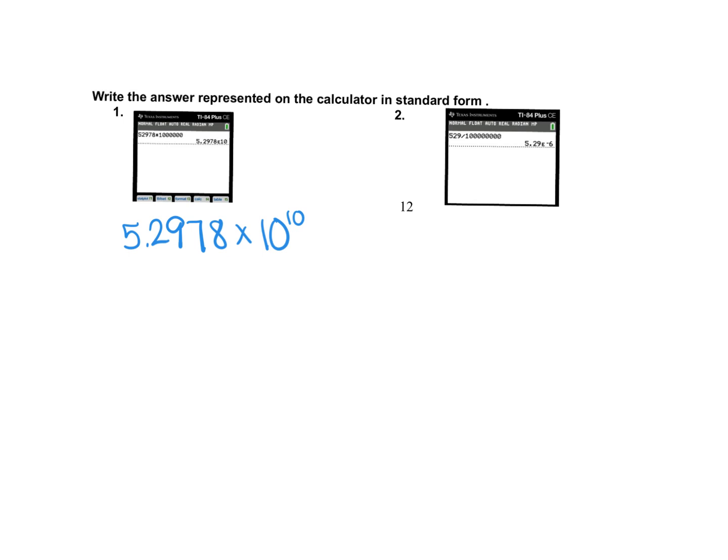So if it asked you to write this in scientific notation, that's what you would do. But we're asked to write this in standard notation or standard form. So all we need to do is move our decimal place over 10 places to the right. So I go 1, 2, 3, 4, 5, 6, 7, 8, 9, 10. That's a pretty big number. So you'd have 5, 2, 9, 7, 8. And then I've got, I believe, 6 zeros here.